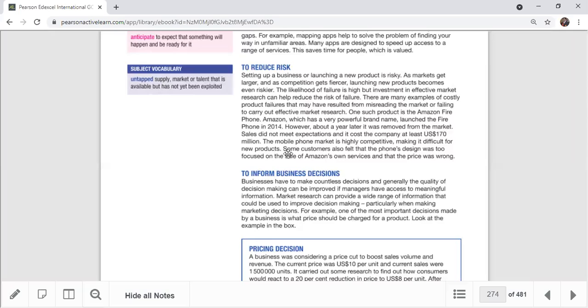The mobile phone market is highly competitive, making it difficult for new products. Some customers also felt that the phone design focused too much on Amazon's sales and services, and the price was high. Sometimes these things are only found out after launch, but if you do market research beforehand, you can prevent these kinds of failures.